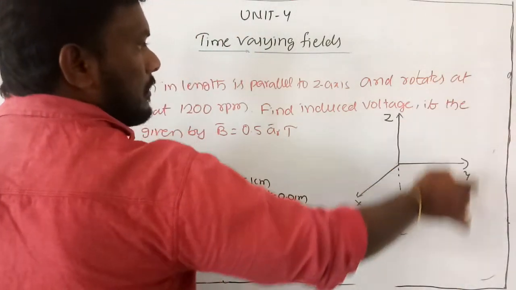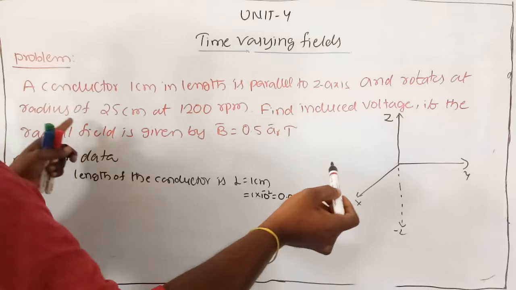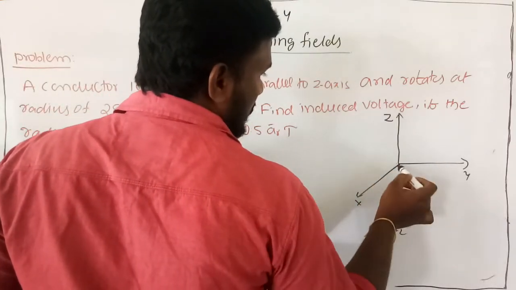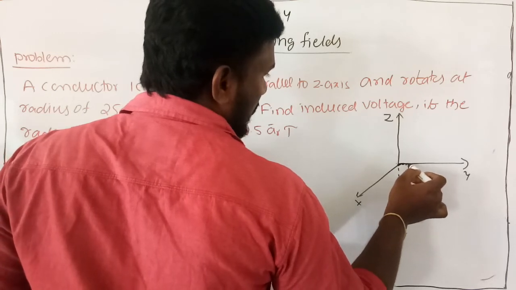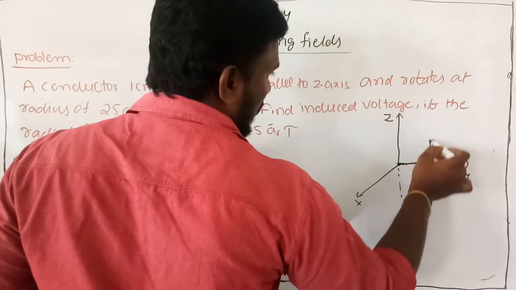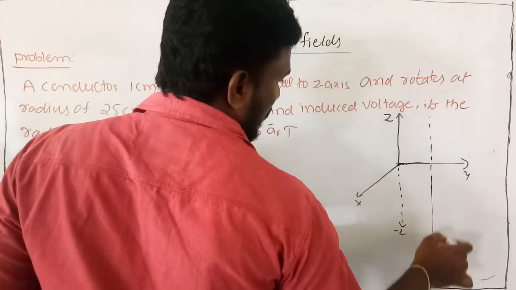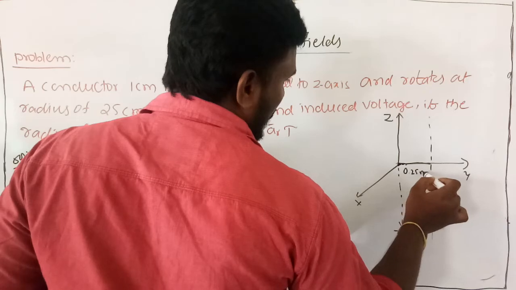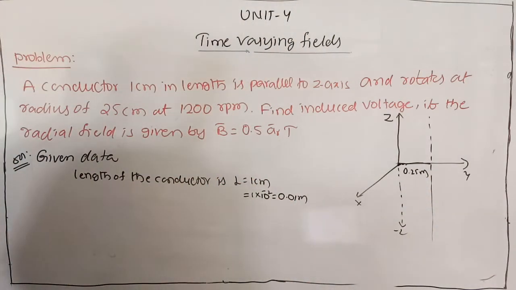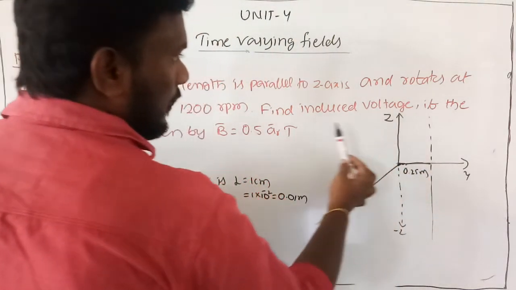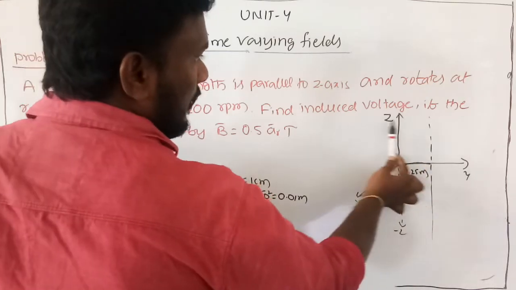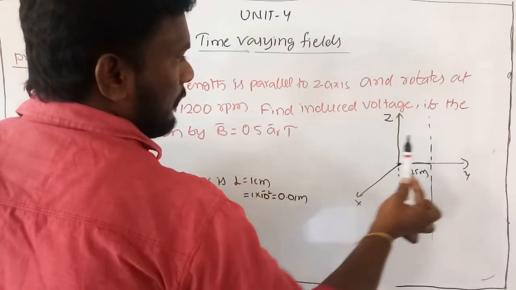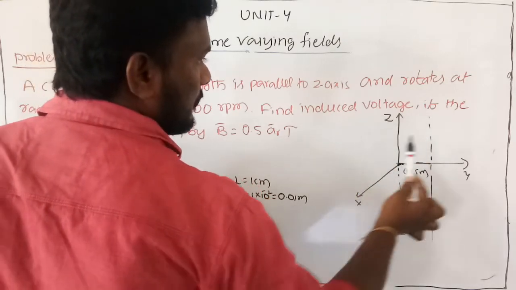It is parallel to the z-axis and rotates at a radius of 25 centimeters. Radius means the distance between the z-axis and the conductor where you place it. So this is the location of the conductor and it is at 0.25 meters. 25 centimeters means 0.25 meters, and it is moving around the z-axis like this.